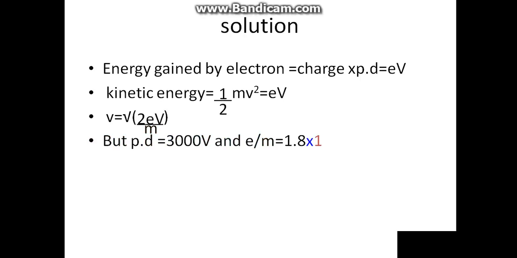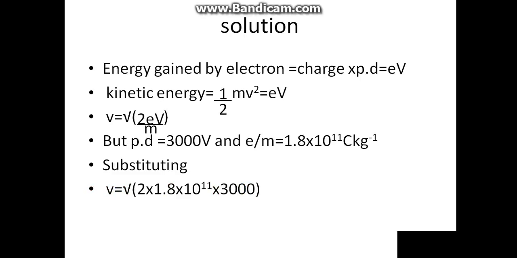But the potential difference is 3000 volts, and e over m is 1.8 times 10 raised to the power 11 coulomb per kilogram. Substituting the values, v is equal to the square root of 2 times 1.8 times 10 raised to the power 11 times 3000, which is equal to 3.3 times 10 raised to the power 7 meters per second.